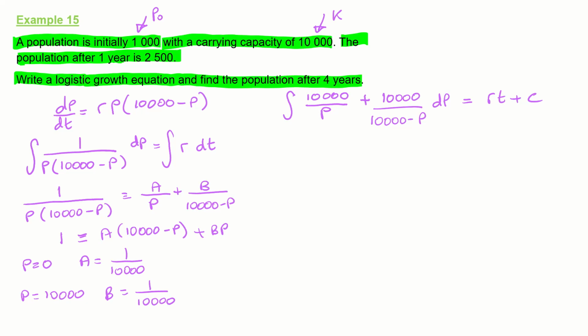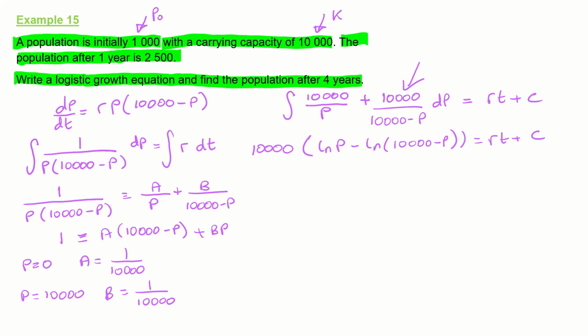So we've got (1/10,000) ln P, take away ln (10,000 minus P). Don't forget to use the reverse chain rule when you're integrating this, is equal to rt plus a constant.